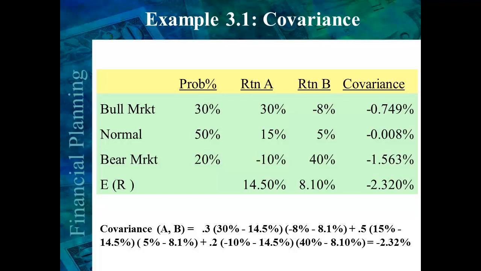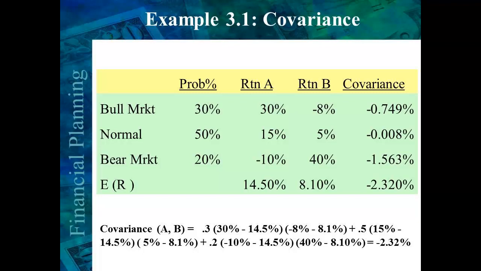Asset B's expected return is 8.1%, and it can be calculated using the same methodology as just explained for asset A. Let's calculate the covariance of assets A and B. First, you calculate the bull market covariance component as 30% scenario probability times a 30% scenario return for asset A minus its 14.5% expected return times a minus 8% scenario return for asset B minus its 8.1% expected return.